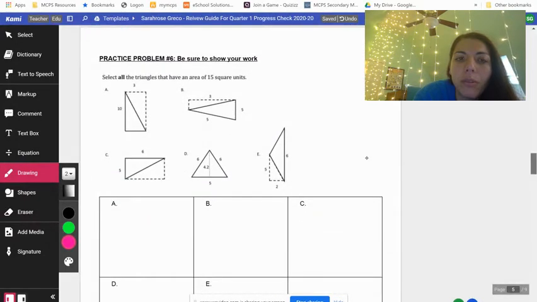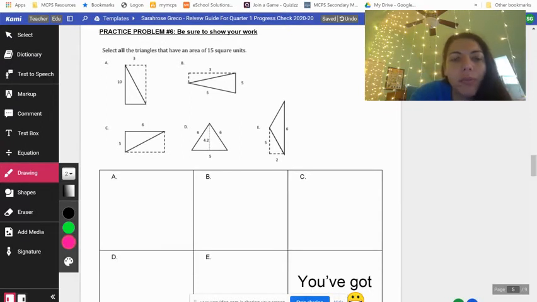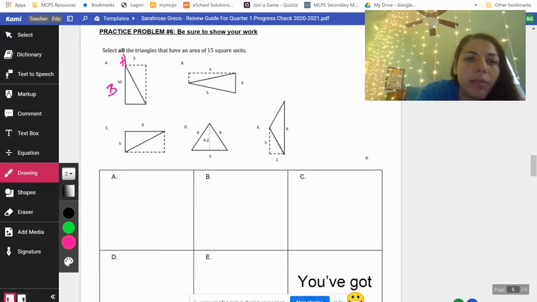Practice problems. Select all the triangles that have an area of 15 units. Okay, so remember, I'm just going to label my base and my height. I'm going to say that 10 is my base and 3 is my height. Over here for letter B, I'm going to say that 5 is my base and 3 is my height.